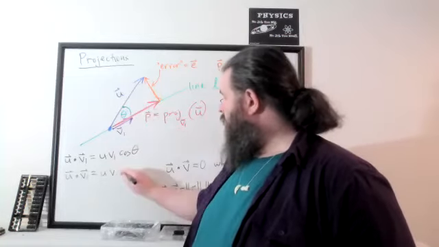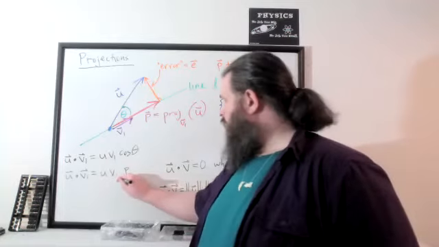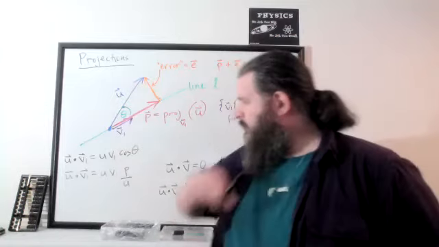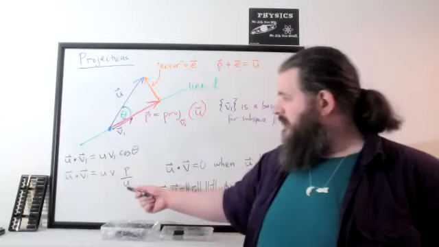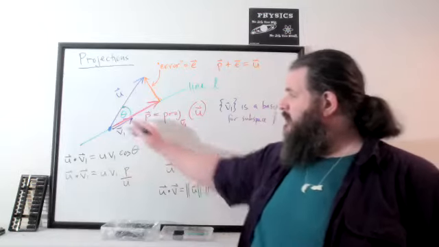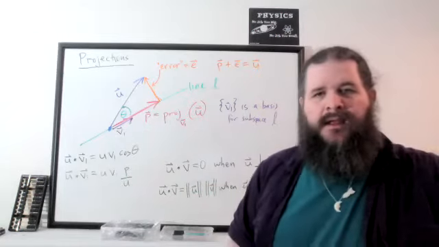Adjacent over hypotenuse would be the projection vector as a magnitude divided by the hypotenuse as a magnitude. So vector u dot vector v1 is going to equal magnitude of u times magnitude of v1 times magnitude of the projection divided by magnitude of u.